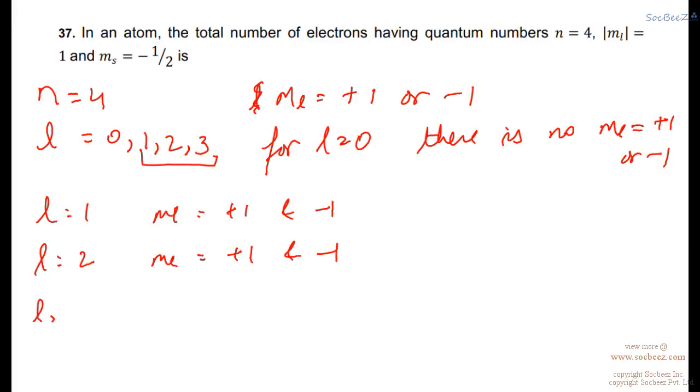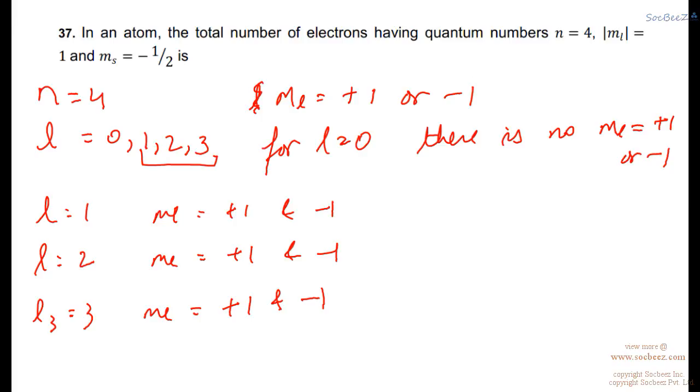For l equals 2, ml equals plus 1 and minus 1. For l equals 3, ml equals plus 1 and minus 1. Well, there are other values of ml as well in all three cases, but here we are asked only for ml equals plus 1 and minus 1. Now, there are 2 electrons in each of these orbitals, each of them having the absolute value of spin as 1 by 2, but their signs differ.